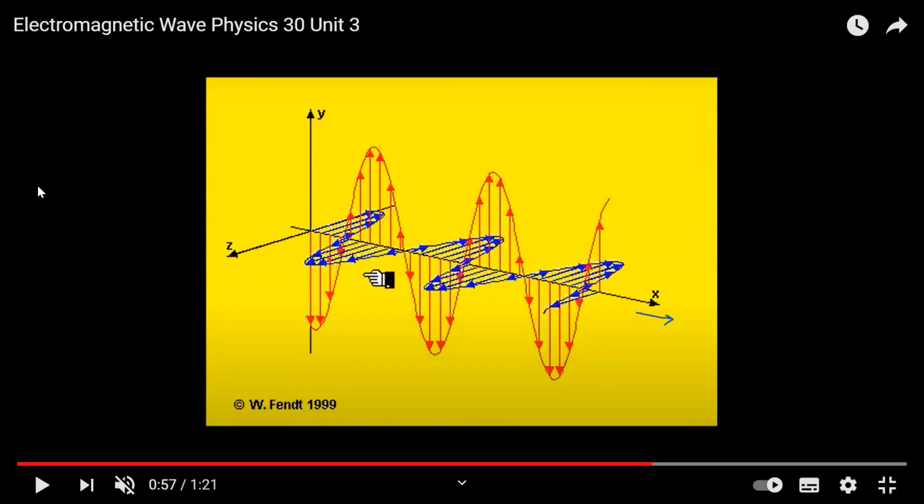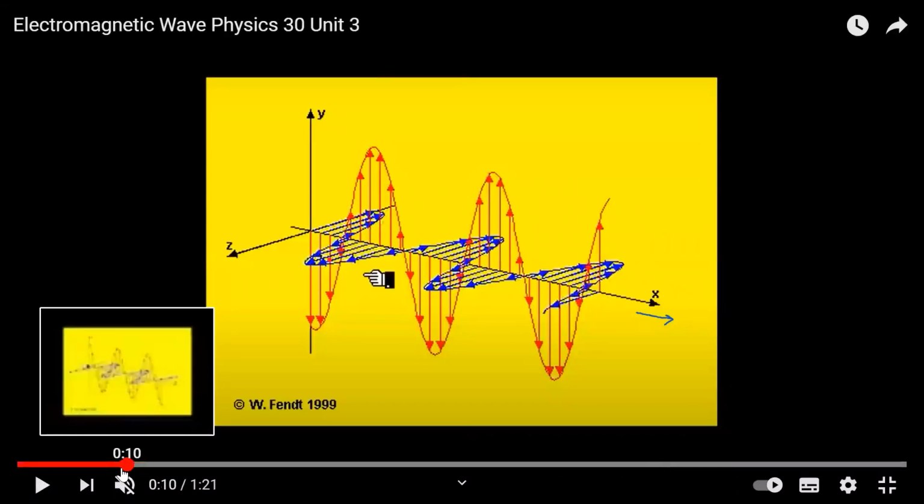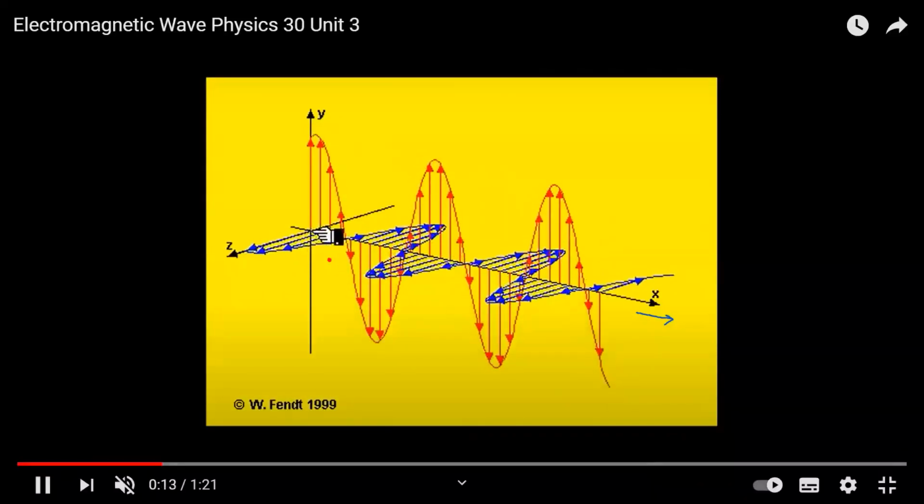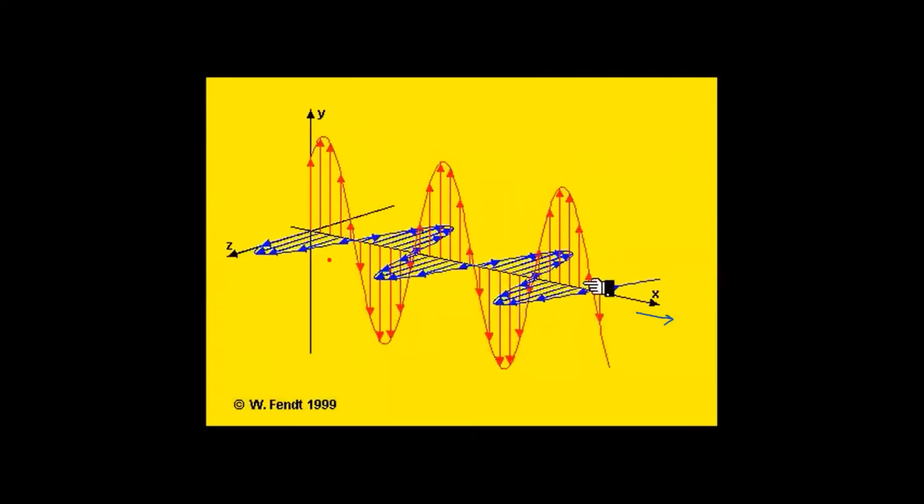But in reality, it's a 3D structure, right? So in a 3D structure, here I want you to focus on the following, that if I now play this again, what I'm trying to show you is this one.